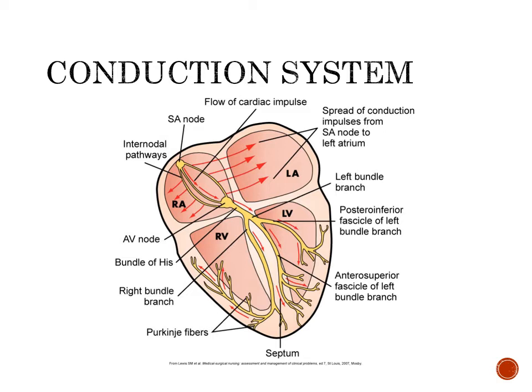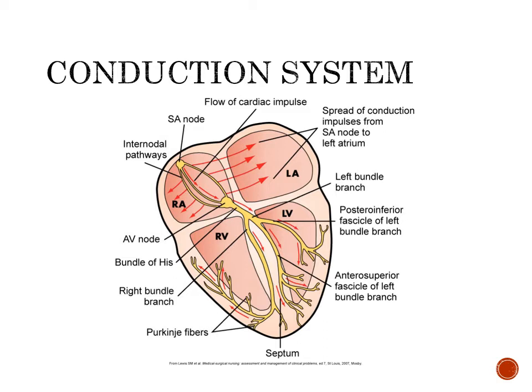So rhythmic relaxation and contraction of the atria and ventricles depend on continuous organized transmission of electrical impulses. The cardiac conduction system generates and transmits these impulses. The conduction system originates with the SA node, which is also known as the pacemaker of the heart.